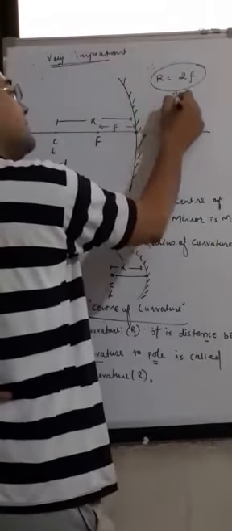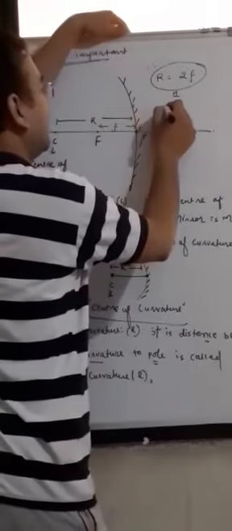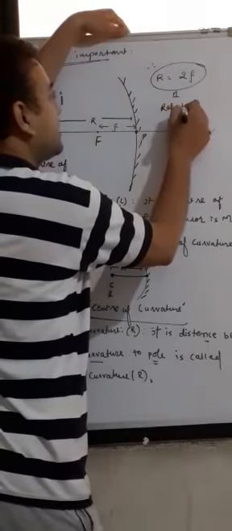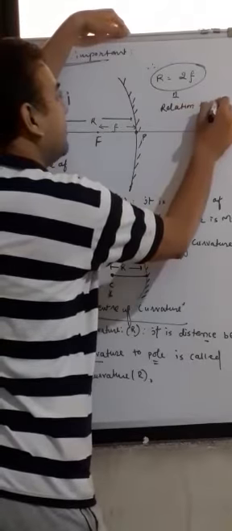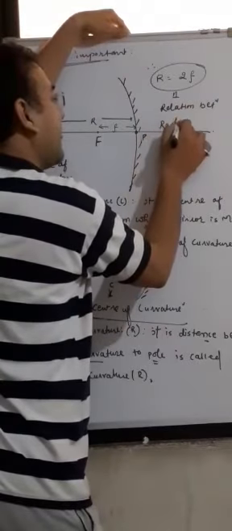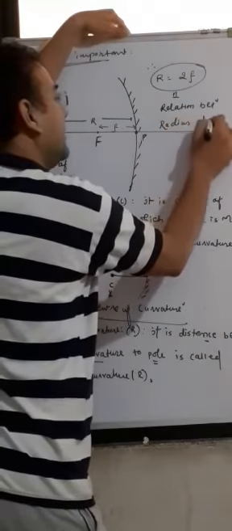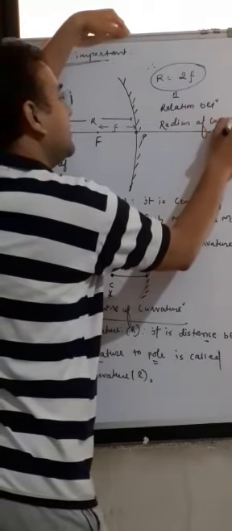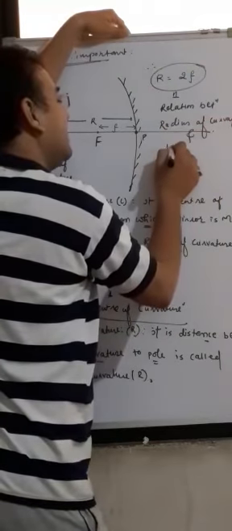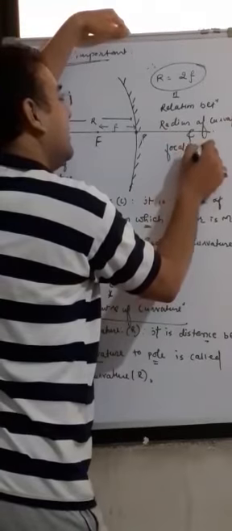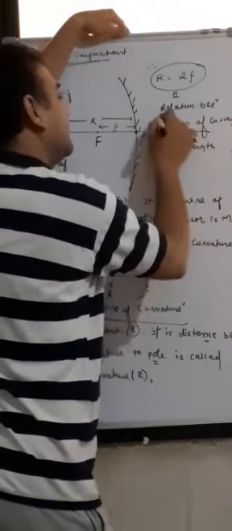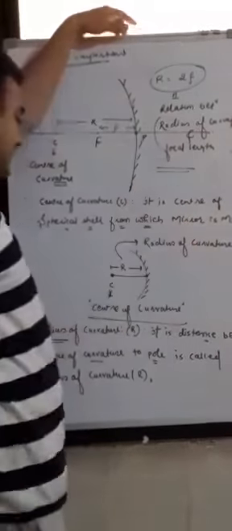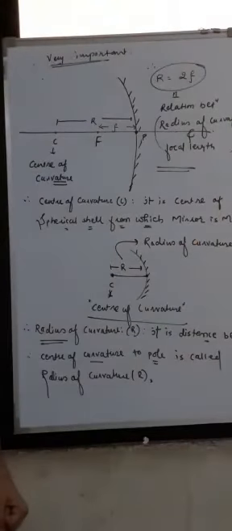It is the relation between radius of curvature and focal length. That's it.